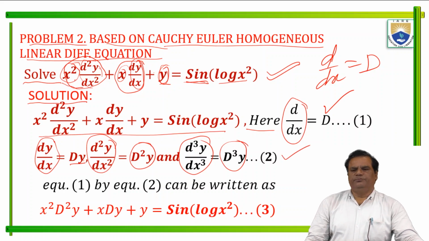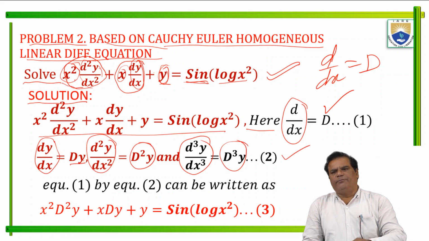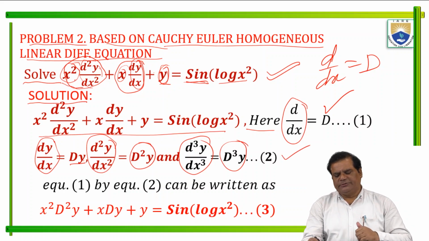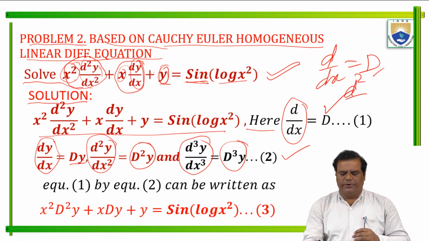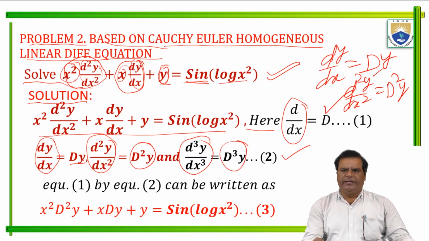This is equation 2, the D form of the derivative. d over dx we write D, two-time differentiation d2 over dx2 we write D square, applied on y. So dy dx is Dy and d2y dx2 is D square y.